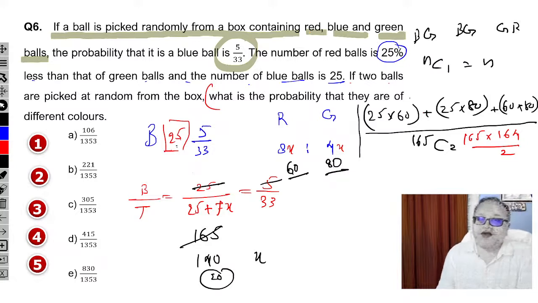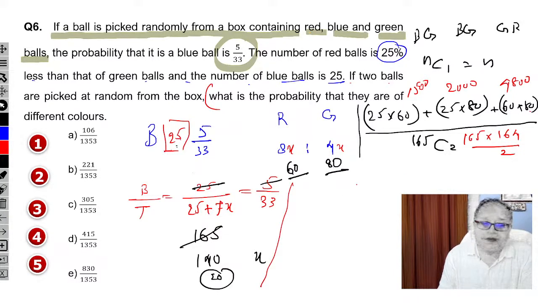So here 25 into 60, that's 1500. The next one, 25 into 80, that is 2000. And this, 60 into 80, is 4800. Add up all these numbers.